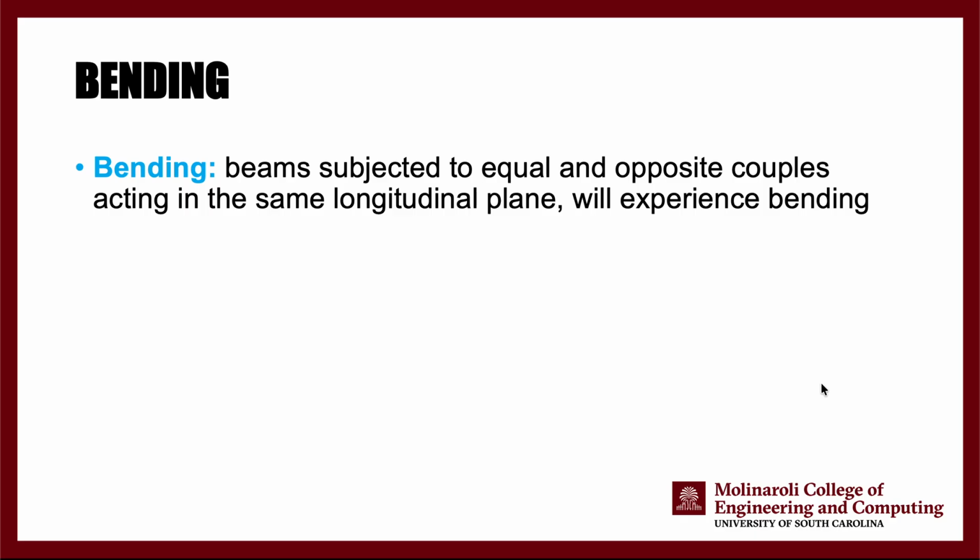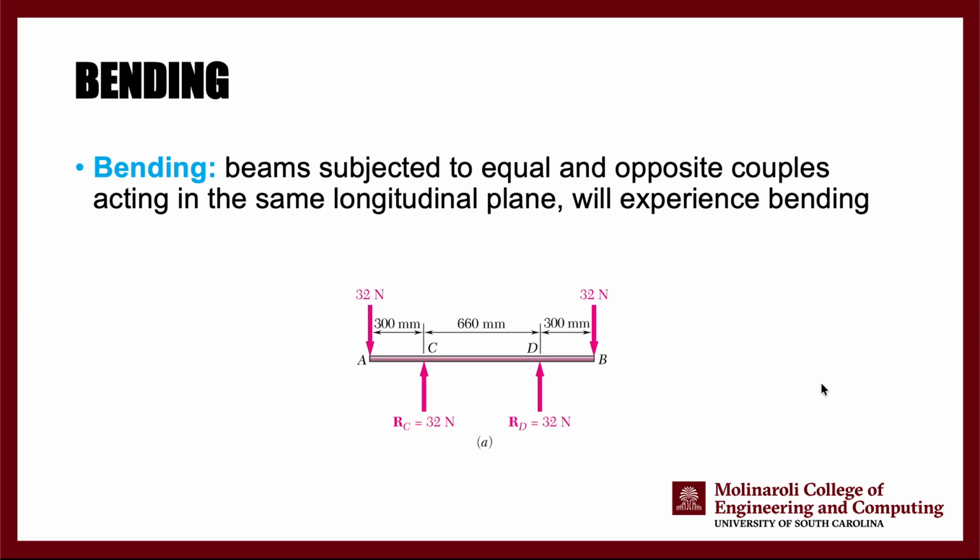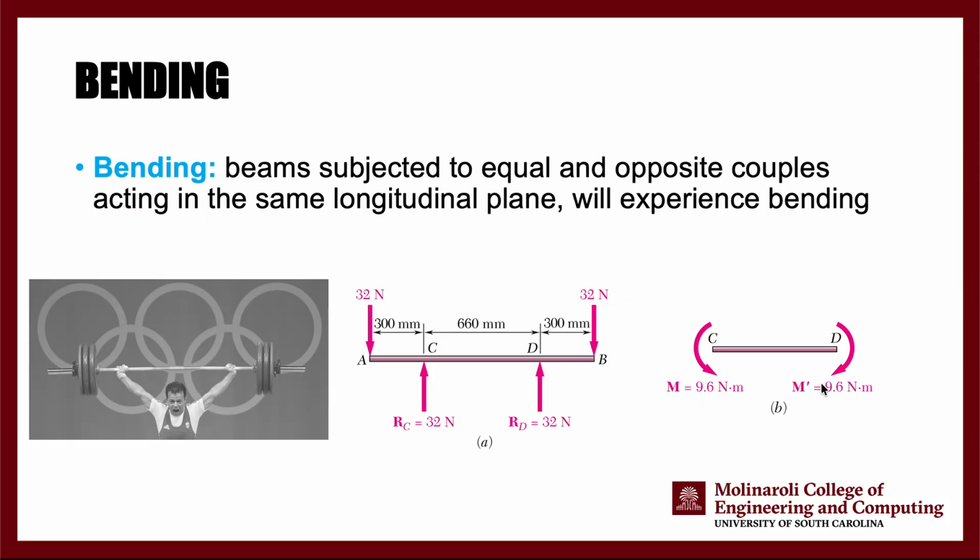Before starting the theory, we first need to understand what bending is. Bending happens when beams are subjected to equal and opposite couples acting in the same longitudinal plane. An example of this is someone trying to lift a weight, right? Pretty simple.